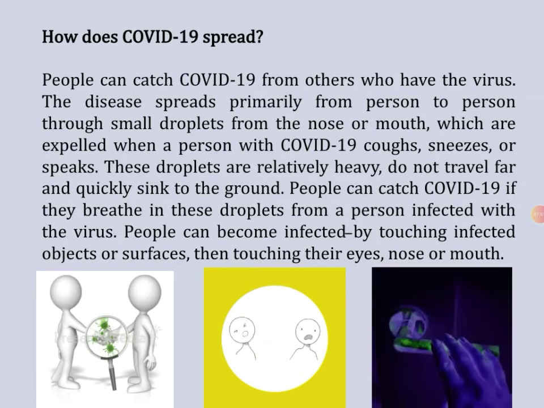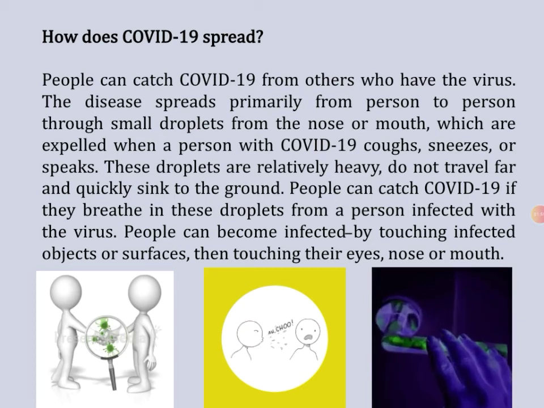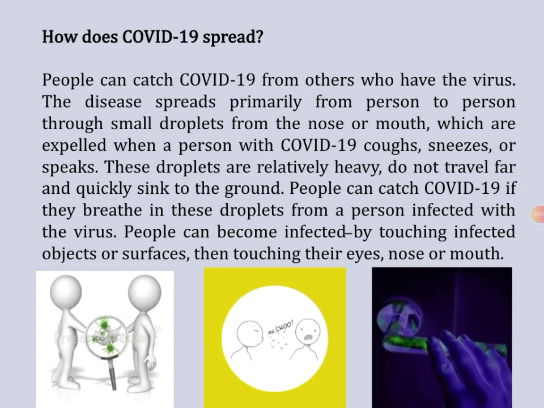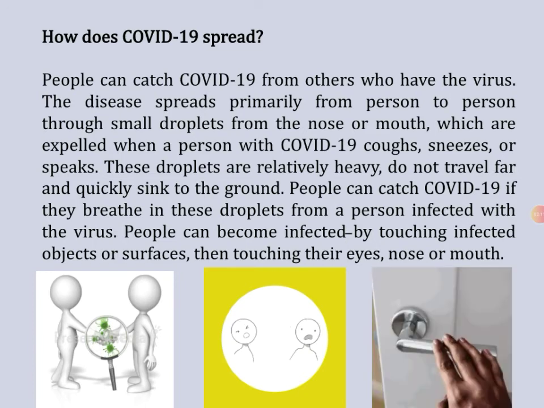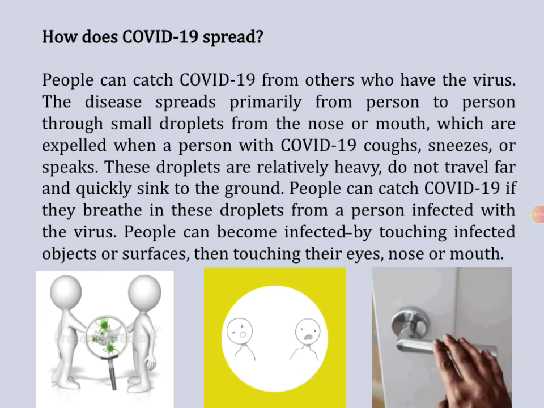These droplets are relatively heavy, do not travel far, and quickly sink to the ground. People can catch COVID-19 if they breathe in these droplets from a person infected with the virus. People can become infected by touching infected objects or surfaces, then touching their eyes, nose, or mouth.